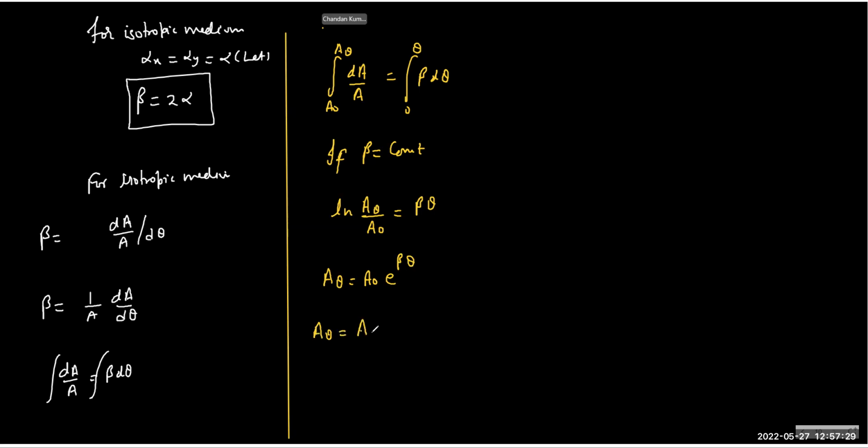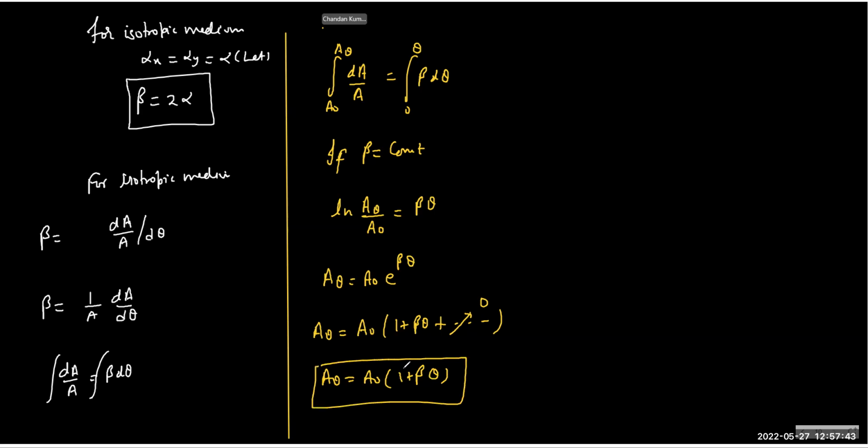And all the higher power terms of beta we can take as 0, and then you can equate it. The very old form. Okay.